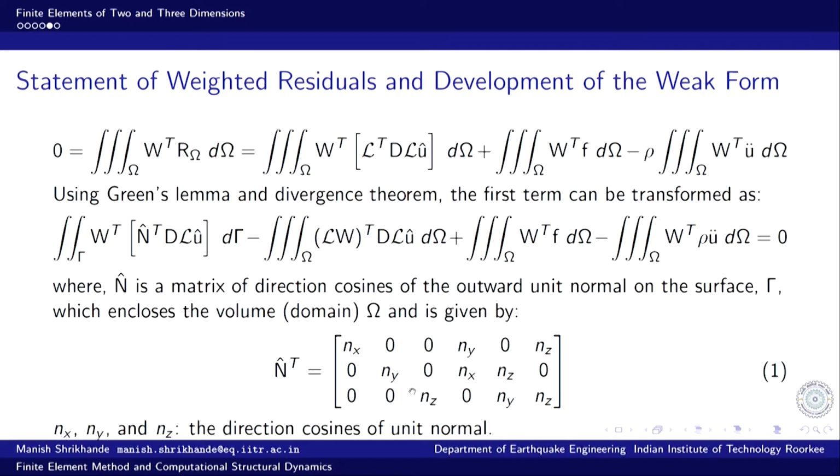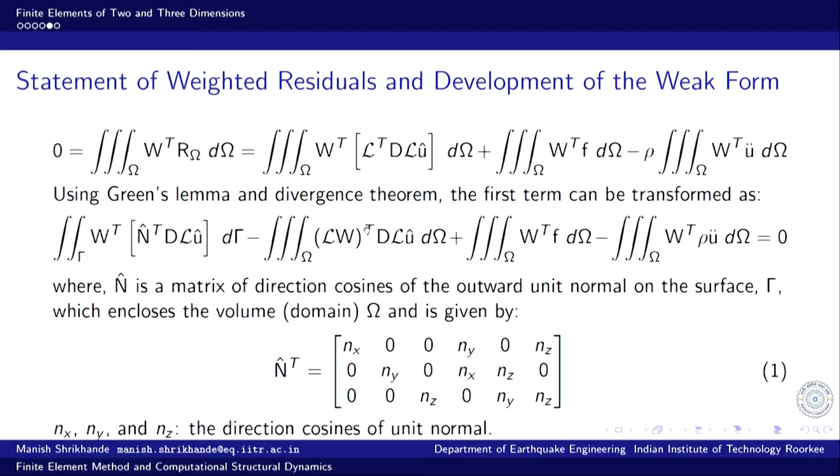The weak form can be developed as this weighting function multiplied by the matrix of direction cosines. So, this is the matrix of direction cosines n x, n y, n z, and that multiplies with the stress vector, and this is the boundary integral, and minus this is the domain integral.